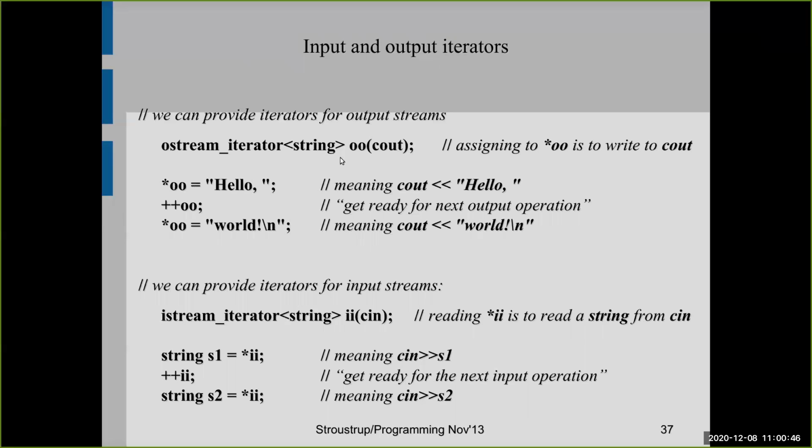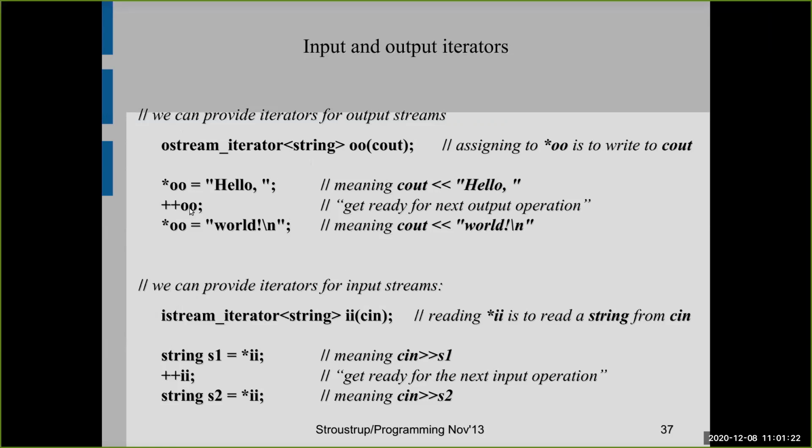So what are input-output iterators? We can treat cout or cin objects as a source of data, so as a container which contains a number of words in case of cin, or cout as a container which can get a number of words.